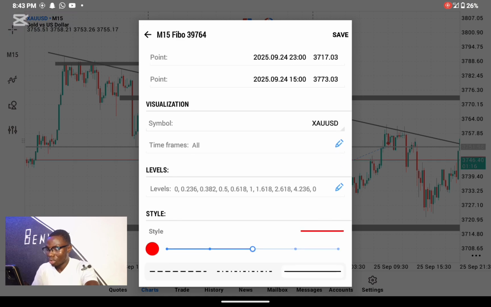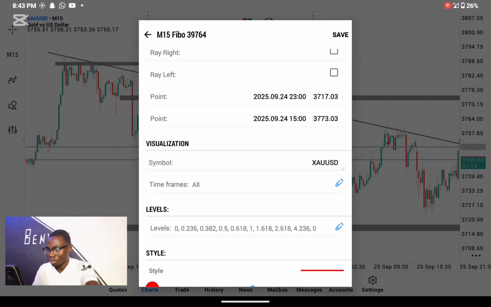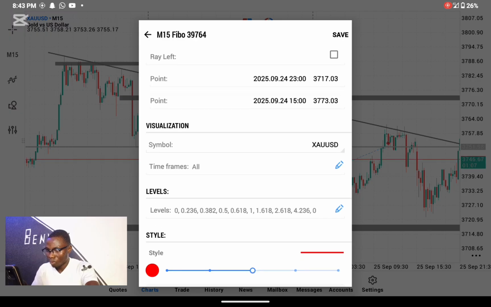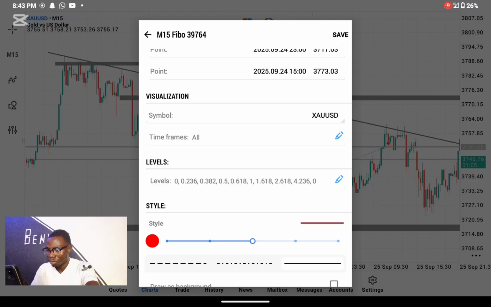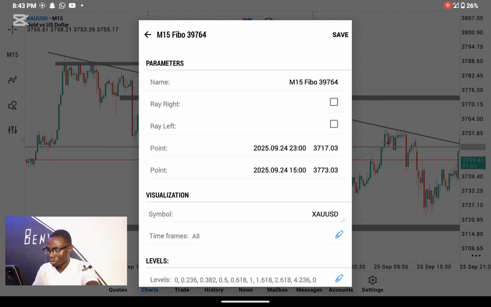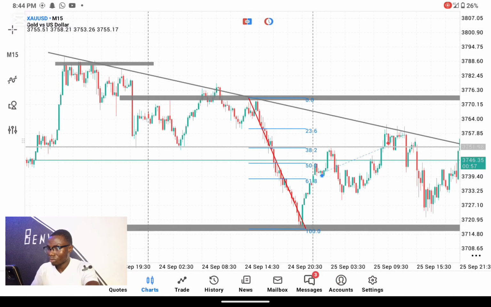Then there is something I did again: the time frame symbol. I think that is all. Then after everything, save. You get? Then everything will become very good.